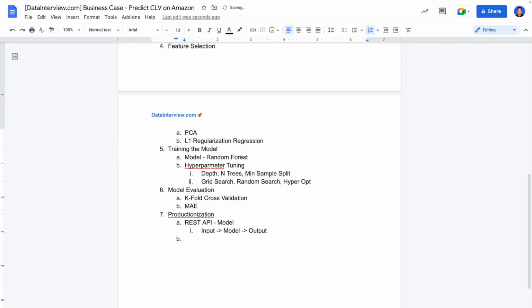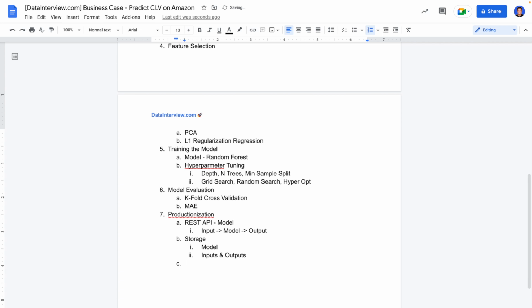Another aspect that we also need to consider when we're productionizing the model is the model storage. So we want to store the model, and we also care about storing the inputs and the output results.